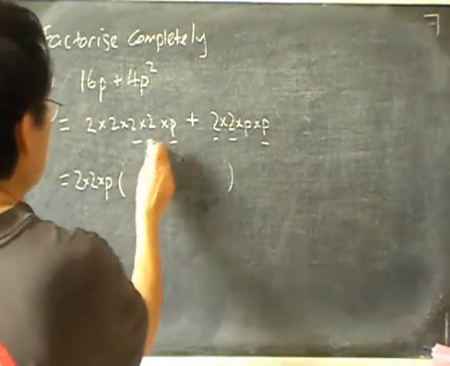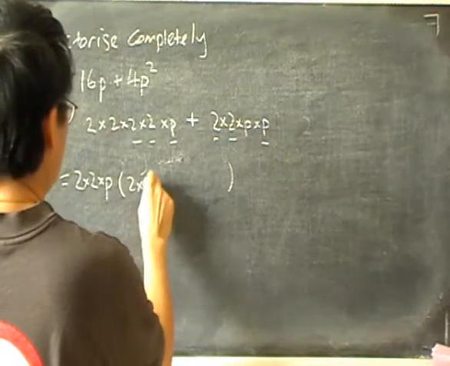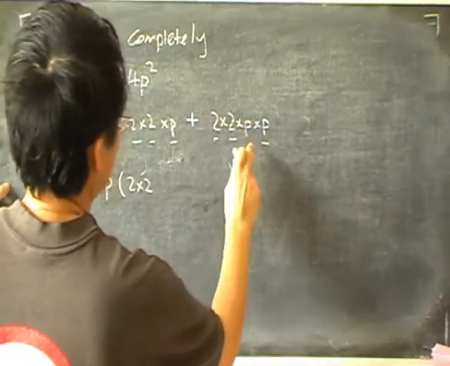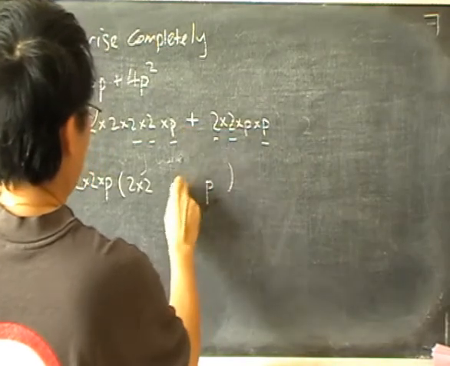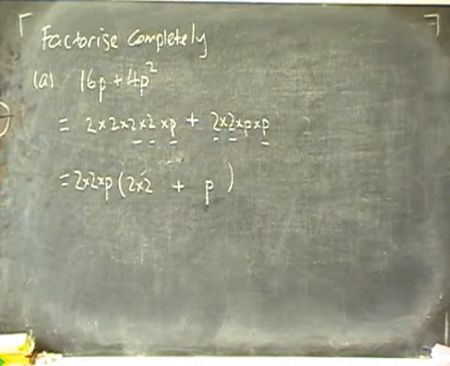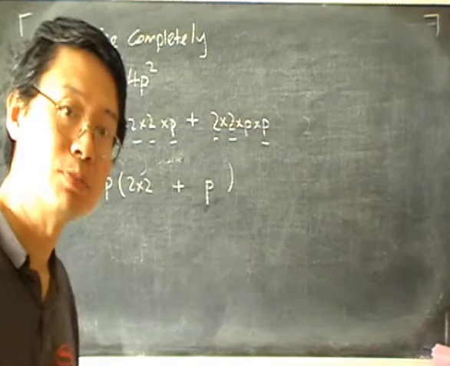So what remains for this term is the 2 and the 2, 2 times 2. And what remains for that term is the p. And I must add them. That's it. I have just factorized it completely.